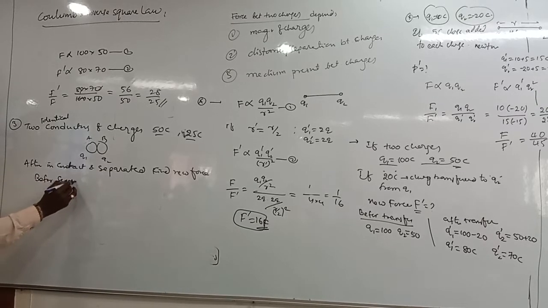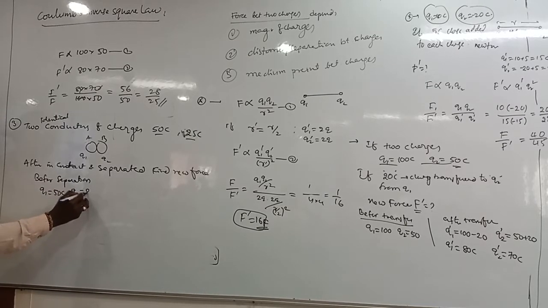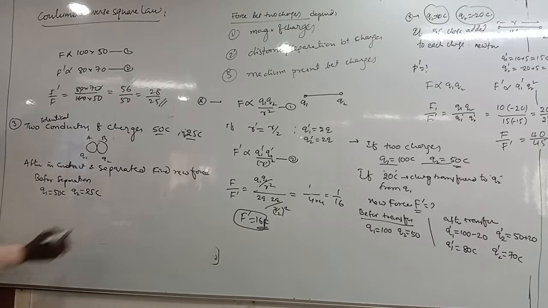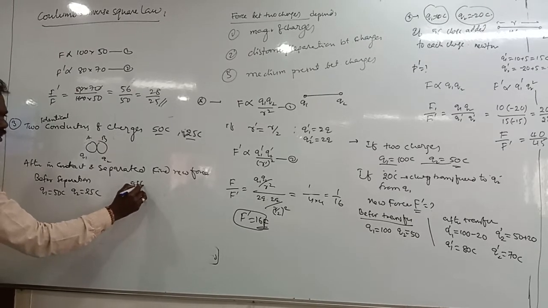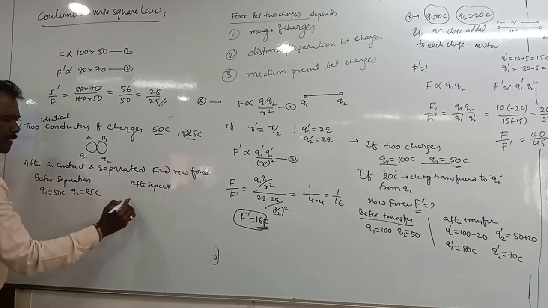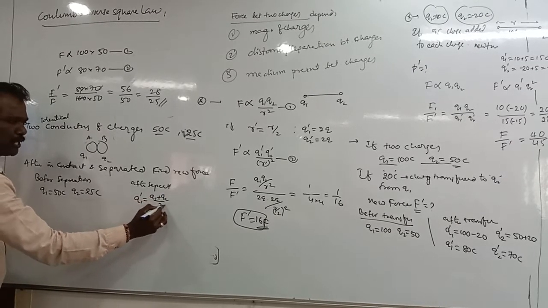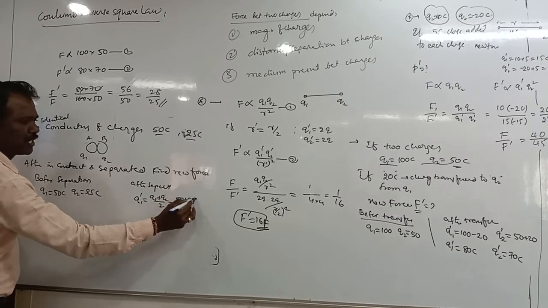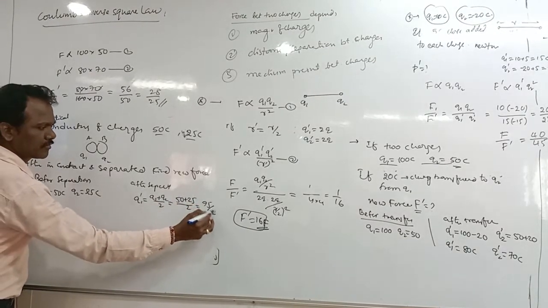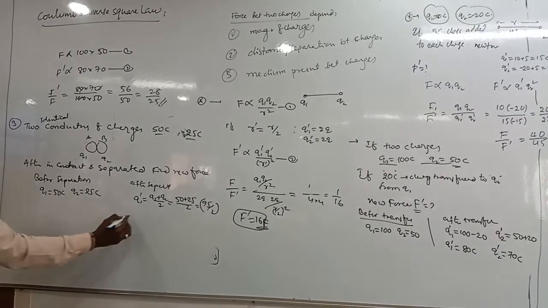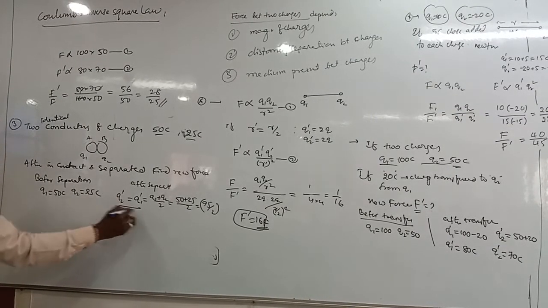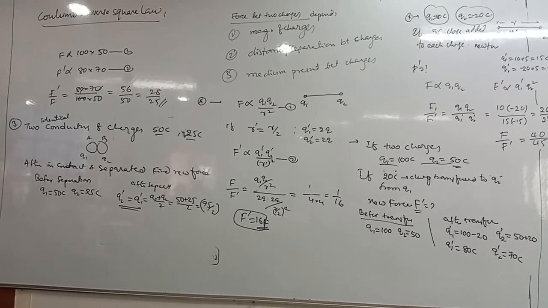Before separation, Q1 is 50 and Q2 is 25 coulombs. After separation, Q1 dash is Q1 plus Q2 by 2, that is 50 plus 25 by 2, and Q2 dash is also the same, since they are identical.